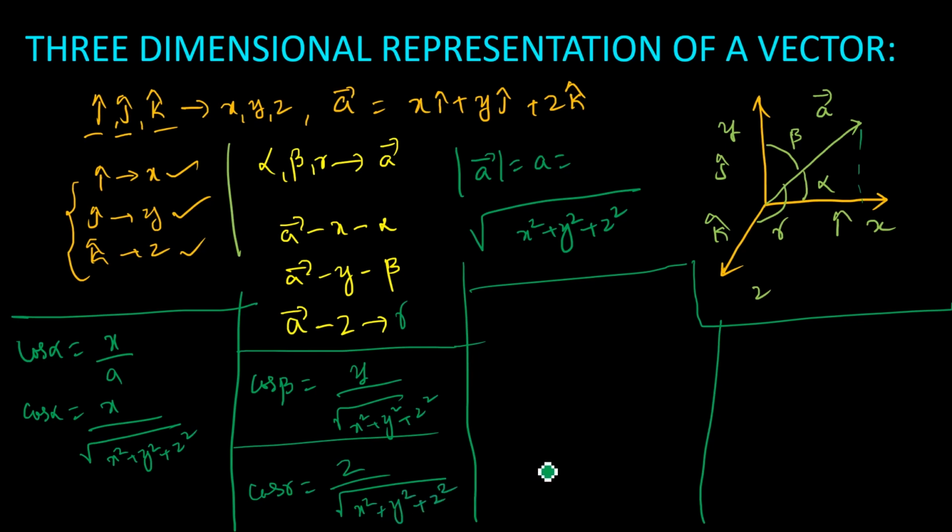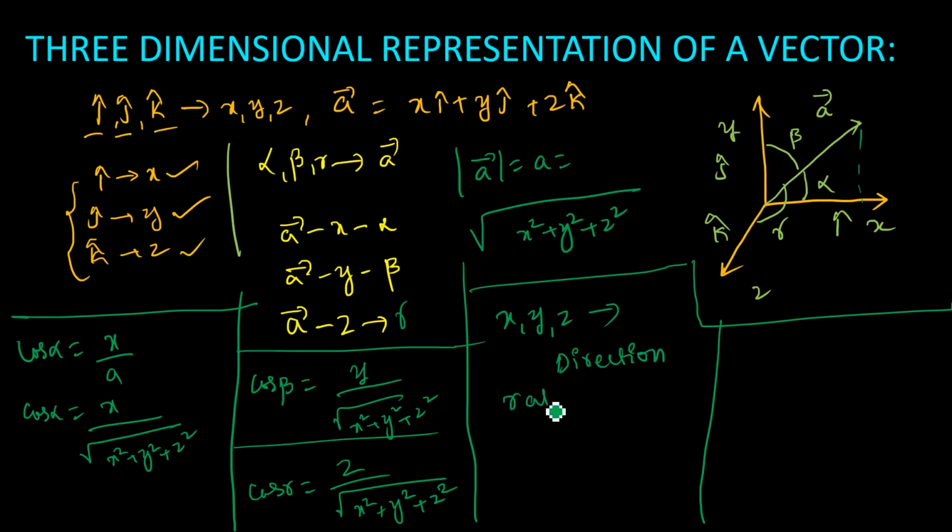Clear? These are all called direction cosines: cos alpha, cos beta, cos gamma. x, y, z are called direction ratios.